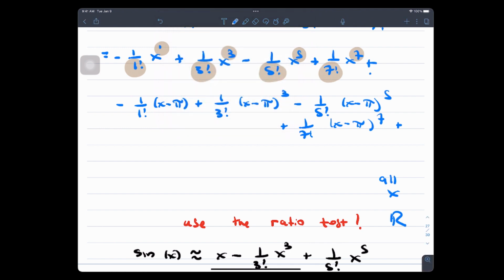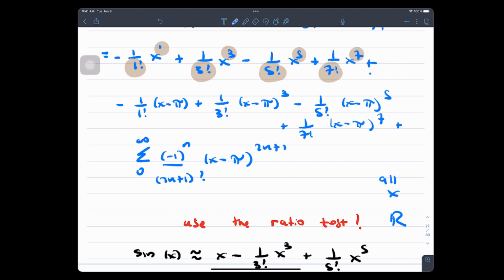Now you say, what happens if I start with a negative? Right? This is going to be over n factorial now, x minus pi. What happens if we start with a negative and this is 0 like we've been doing? Oh, we have to do 2n plus, let me apologize here, we have to do what? 2n plus 1 factorial. This is also 2n plus 1.